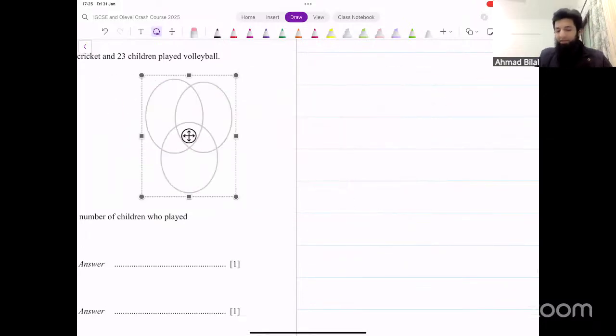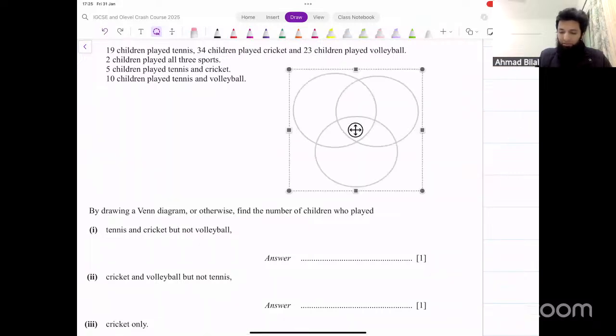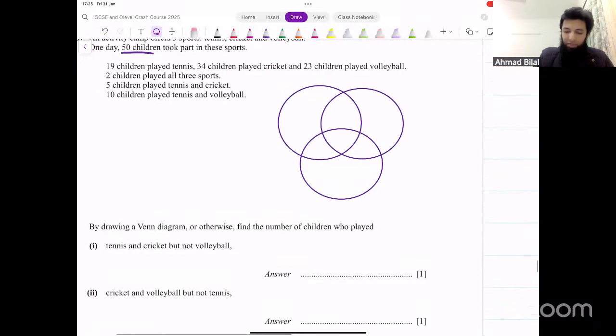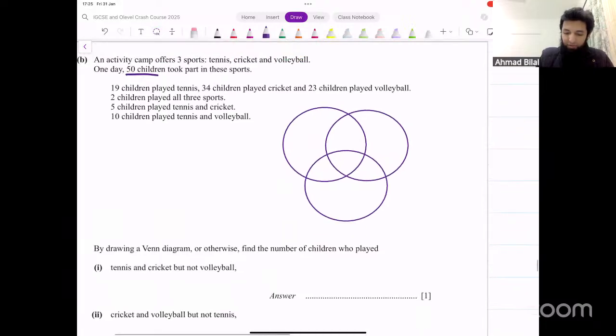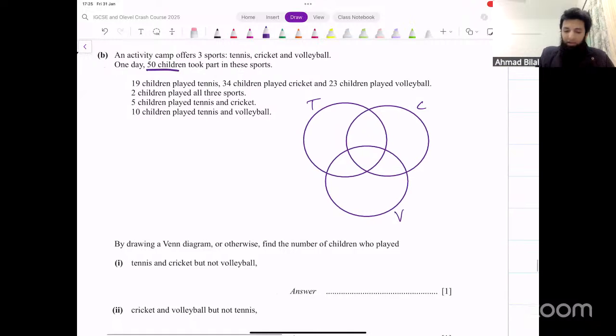Each of these circles represents 1 sport. Let's mark them: tennis, cricket, volleyball. The total number of children who took part in these sports was 50.